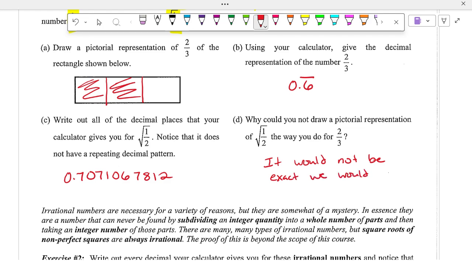We would have to round. That's why. Now, could a computer do it? Yes. But as a human being, we could not do that and be perfectly exact.